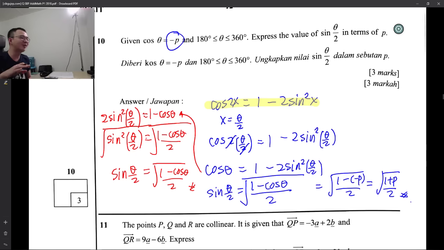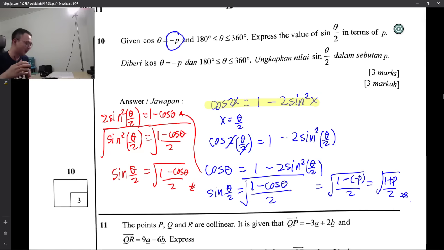So you better work out the half angle content by yourself. I do believe I made a half angle video before. I can't remember already, but whenever you see half angle, remember the formula you need to work out yourself, always from cos 2x. Remember it like this, it will help you a lot.